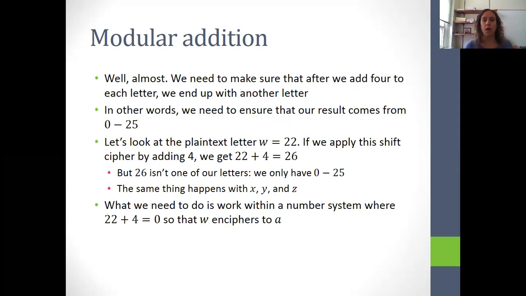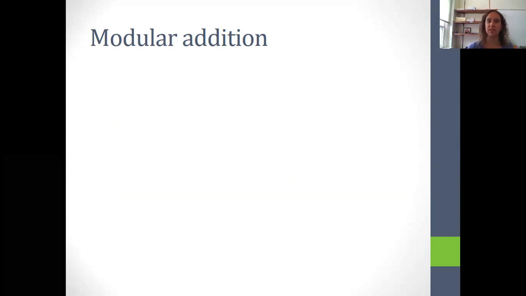All right. But we do run into a little bit of a problem when we get to the end of the alphabet. So if we look at, for instance, the letter W, which is 22 in our system, if we add 4 to that, we get 26. But remember that we said Z was going to be 25, so it doesn't really make sense to talk about 26 in this case.